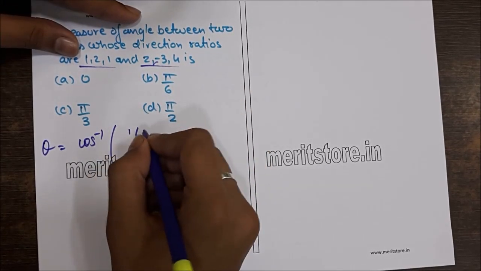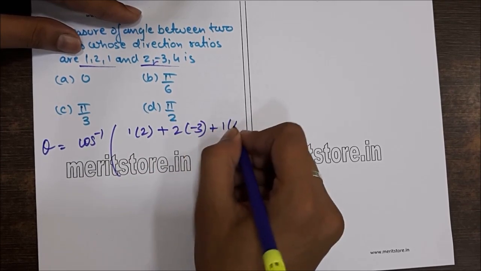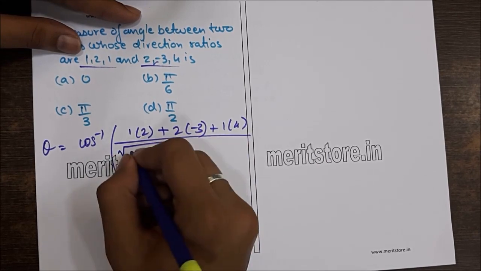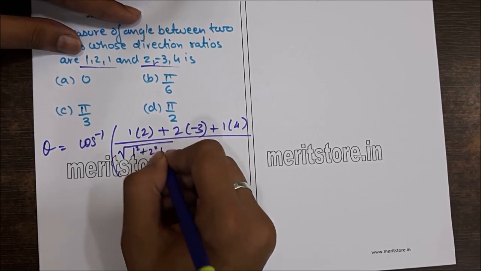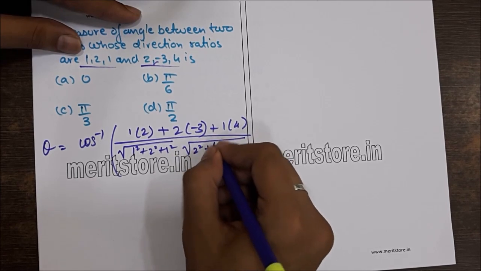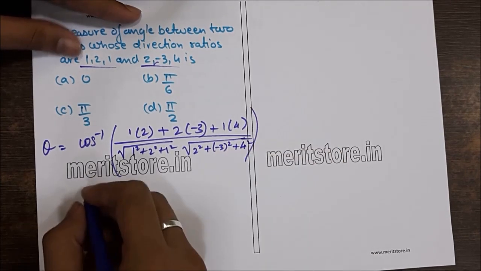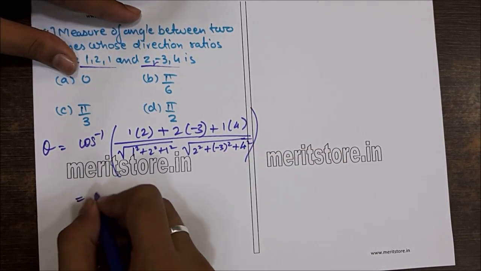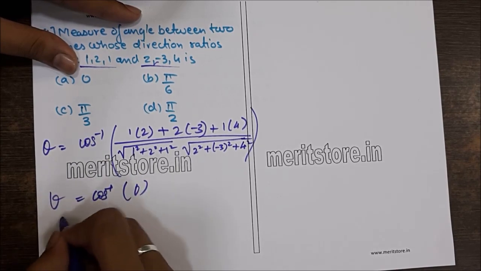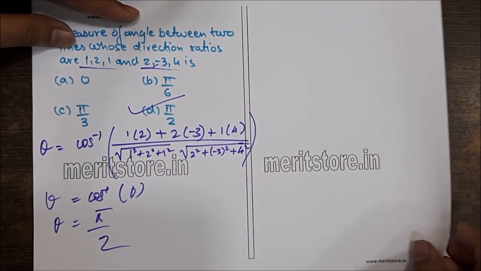So it would be 1 by root of 1 square plus 2 square plus 1 square into root of 2 square plus minus 3 square plus 4 square. So further solving this we'll get it as cos inverse of 0. So your value of theta will be pi by 2. So our correct answer is option D, pi by 2.